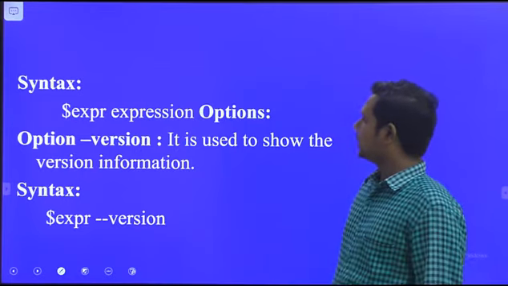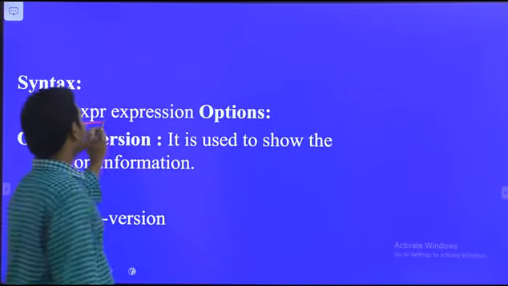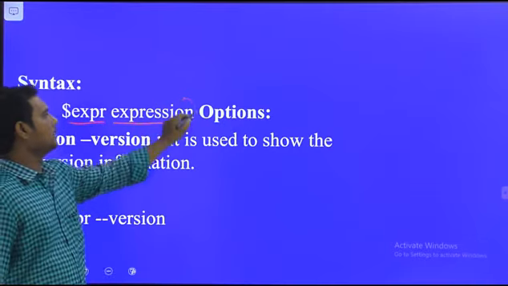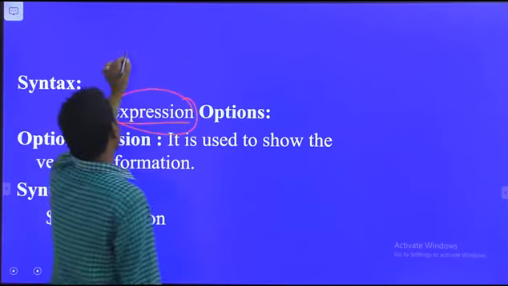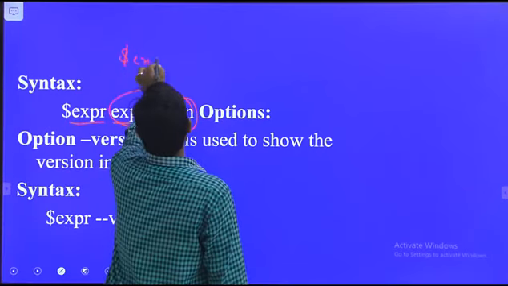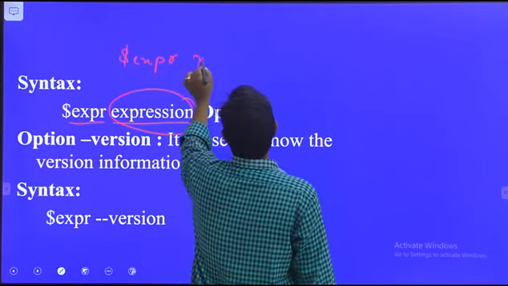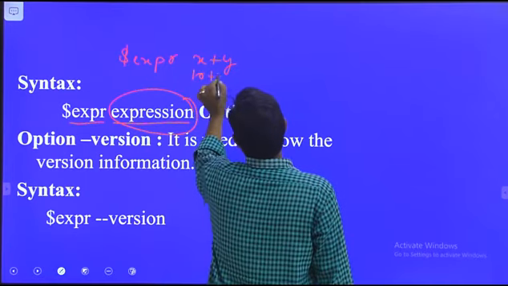This is the syntax we will follow: expr, space, expression. For example, $ expr, then a space, and we write x + y, or 10 + 20 in this place.